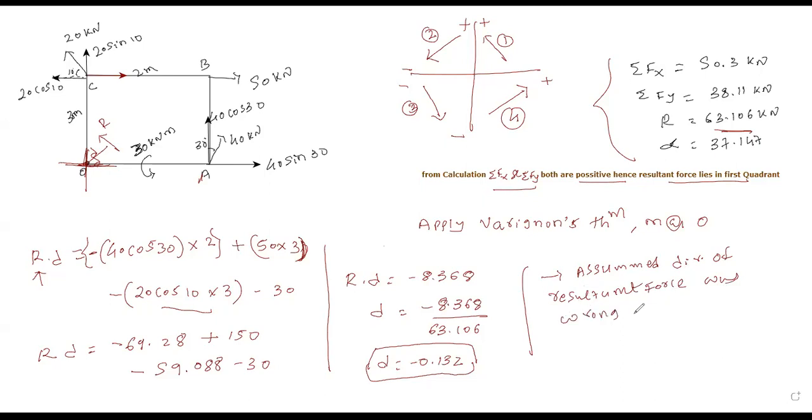It may be in downward direction. Is it clear? And rewrite D equals 0.132 meter. Is it clear or not?